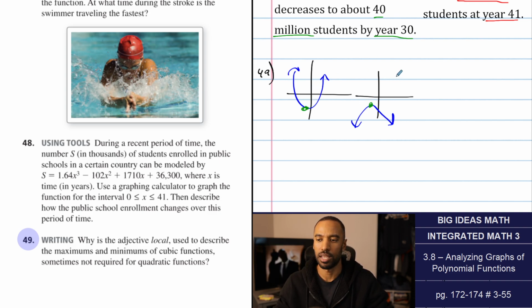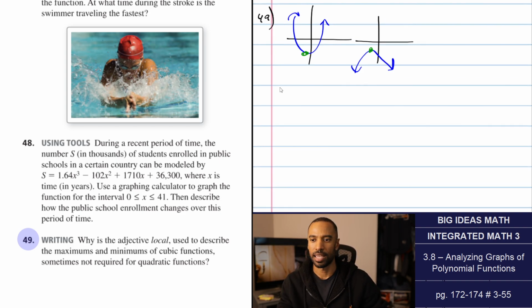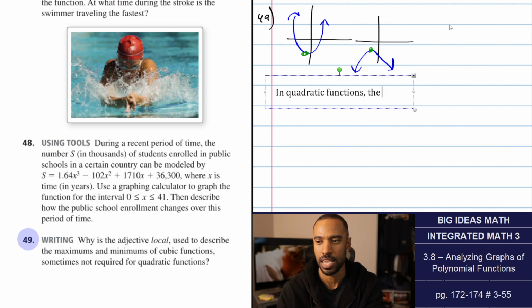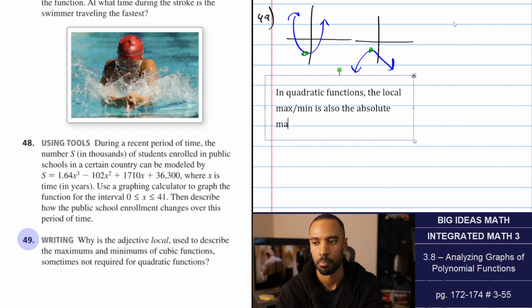But the max and min isn't necessarily just local, it's the absolute one as well. In quadratic functions, the local max min is also the absolute max min.